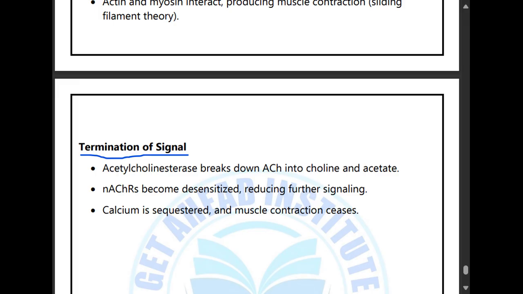So the calcium will be taken back to the sarcoplasmic reticulum through what we call sequestration. In other words, the calcium will be sequestrated and muscle contraction will cease. The muscle will relax. Is that okay? We are done with that question.